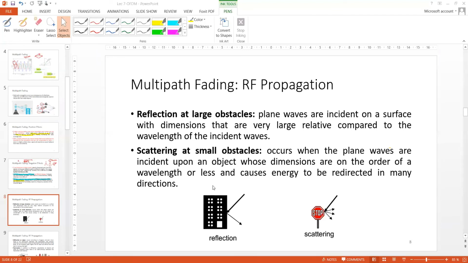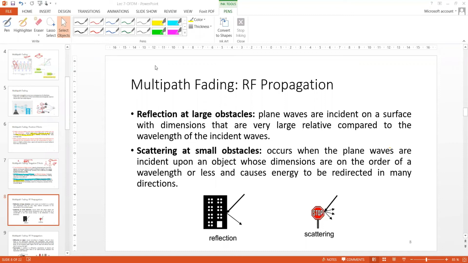Now we have seen earlier that whenever a signal is transmitted between the transmitter and the receiver module, it will take different paths, because the electromagnetic signal emitted from the antenna spreads across its area as it moves between the transmitter and receiver module.